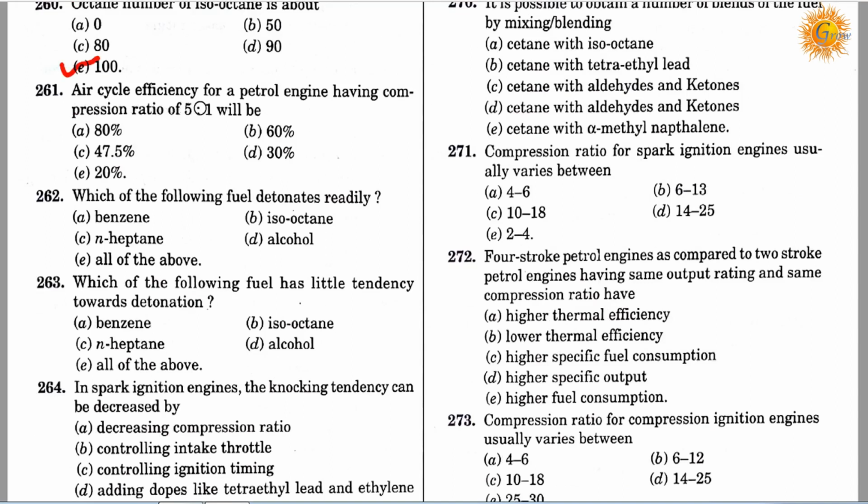Air cycle efficiency of a petrol engine having compression ratio of 5:1 will be: option A, 80%; option B, 60%; option C, 47.5%; option D, 30%; option E, 20%. So the correct answer will be C, 47.5%.